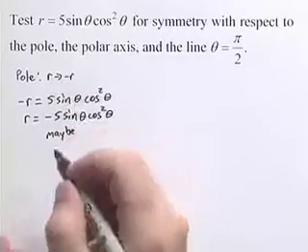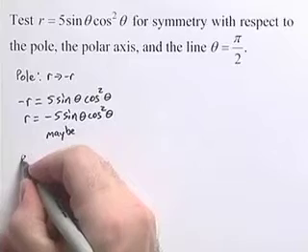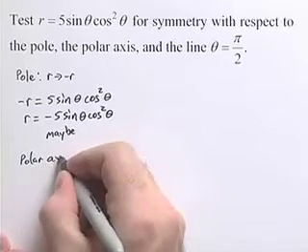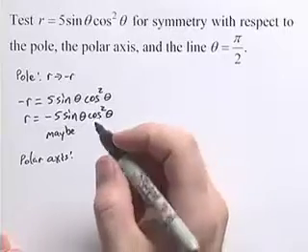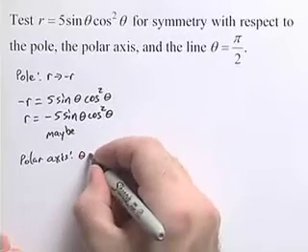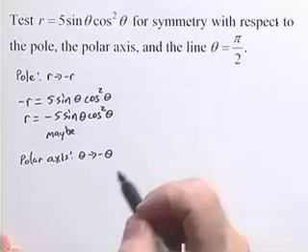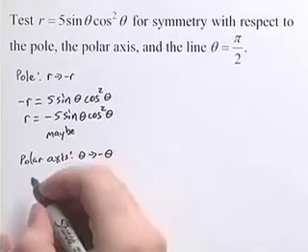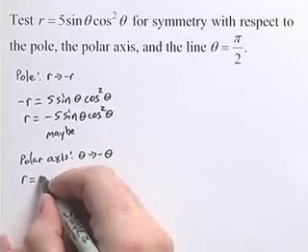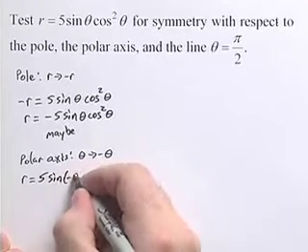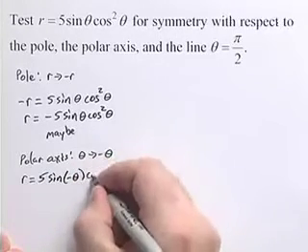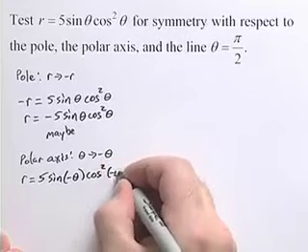Next, we'll check for symmetry with respect to the polar axis. To check for symmetry with respect to the polar axis, we're going to replace theta by negative theta and see if we get the same result. Here we'll have r is equal to 5 sine of negative theta times the cosine squared of negative theta.